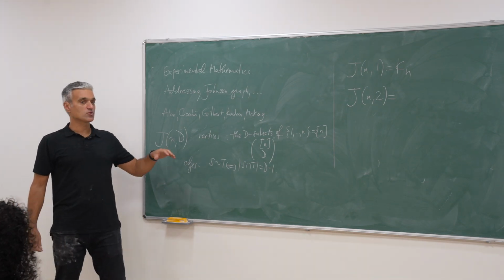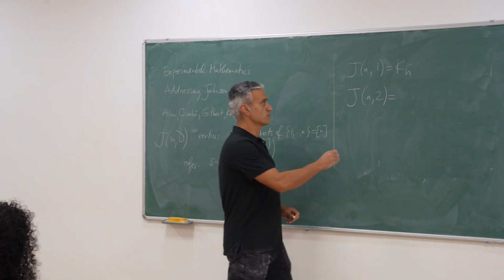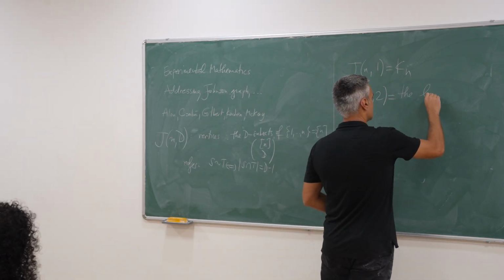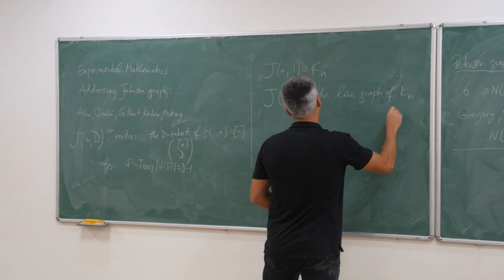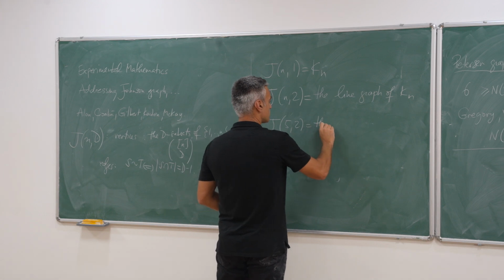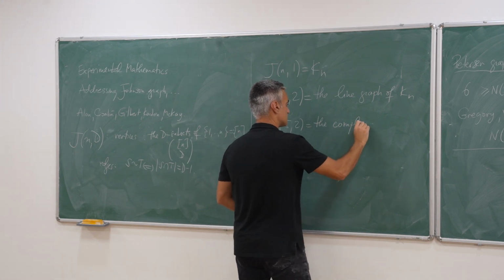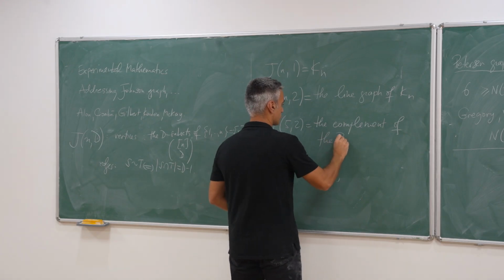The vertices are all the 2-subsets. It's the line graph of Kn. So in particular, Johnson J(5,2) is the complement of the Petersen graph.